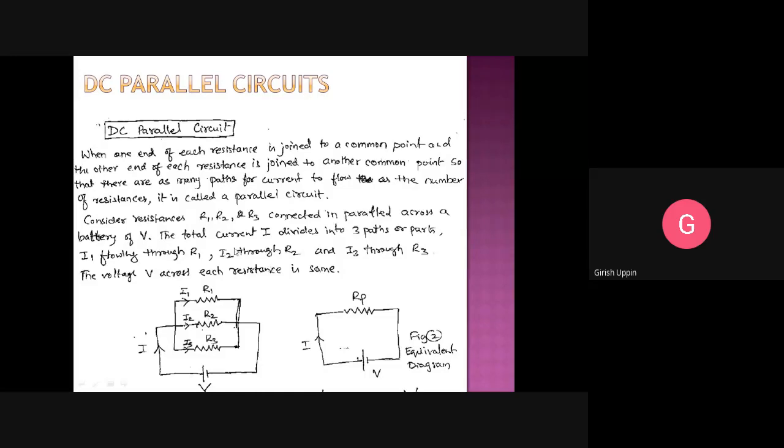In this example, R1, R2, R3 are connected between two common nodes, or for simplicity, a point or a junction. If they are connected between two common nodes, then we say all those resistors are connected in parallel.